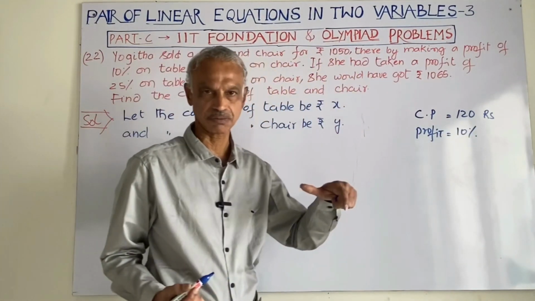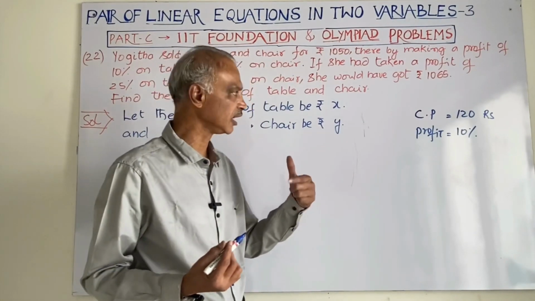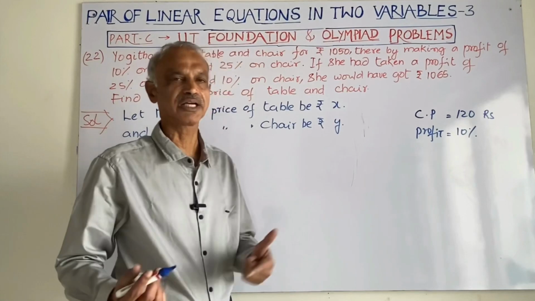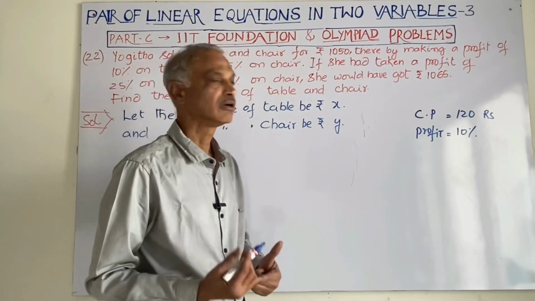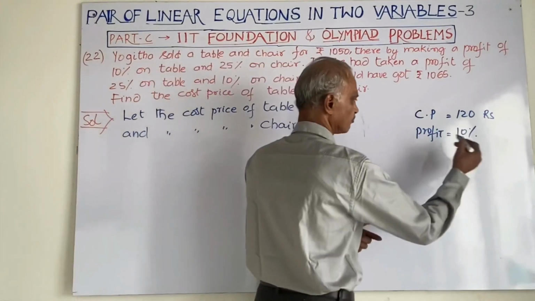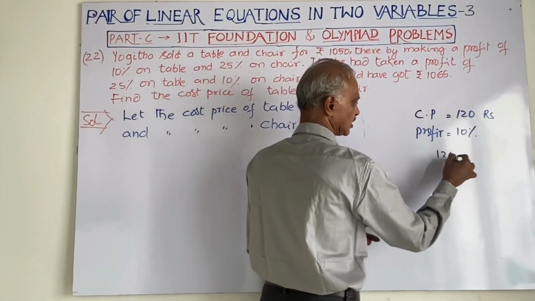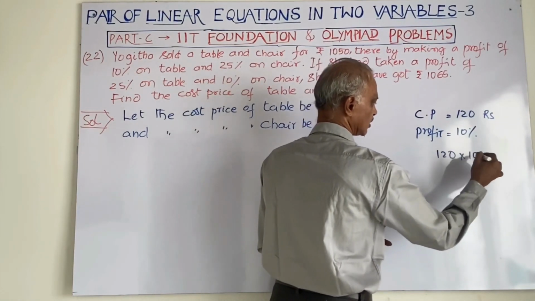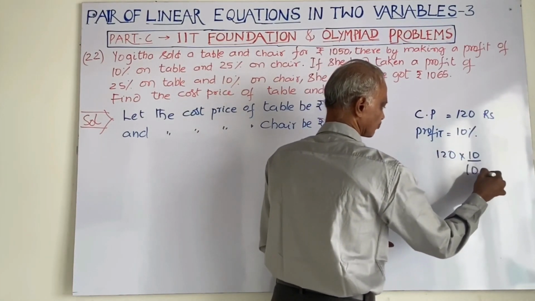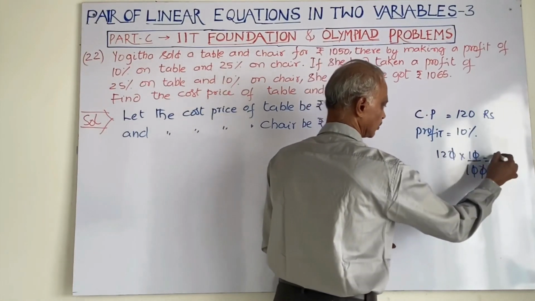Cost price is 120 rupees, and profit is 10% on the chair or table or anything. What is the selling price of the chair or table or anything? What is the profit? Means 10% of the cost price. 120 rupees, 120 by 10%, means 10 by 100. 0 cancel, this 0 cancel, 12 rupees.